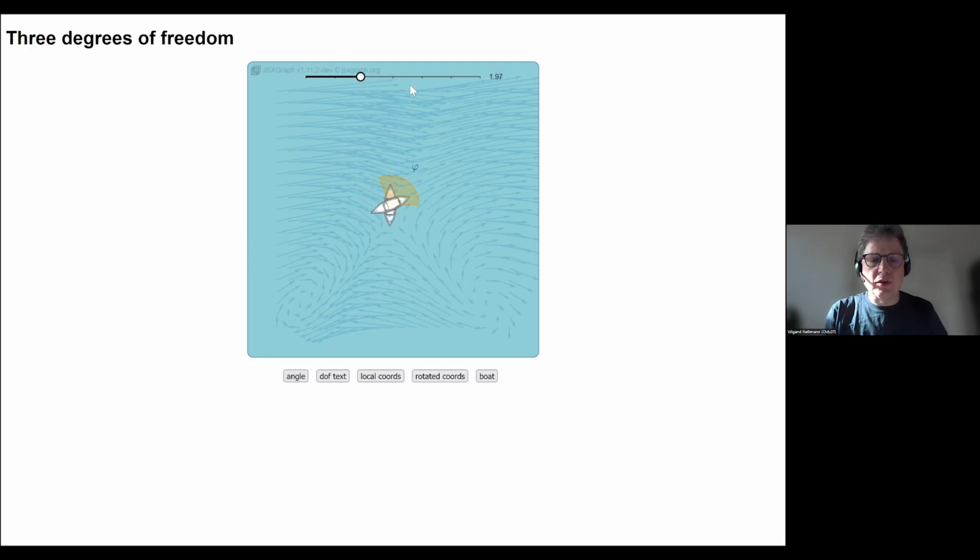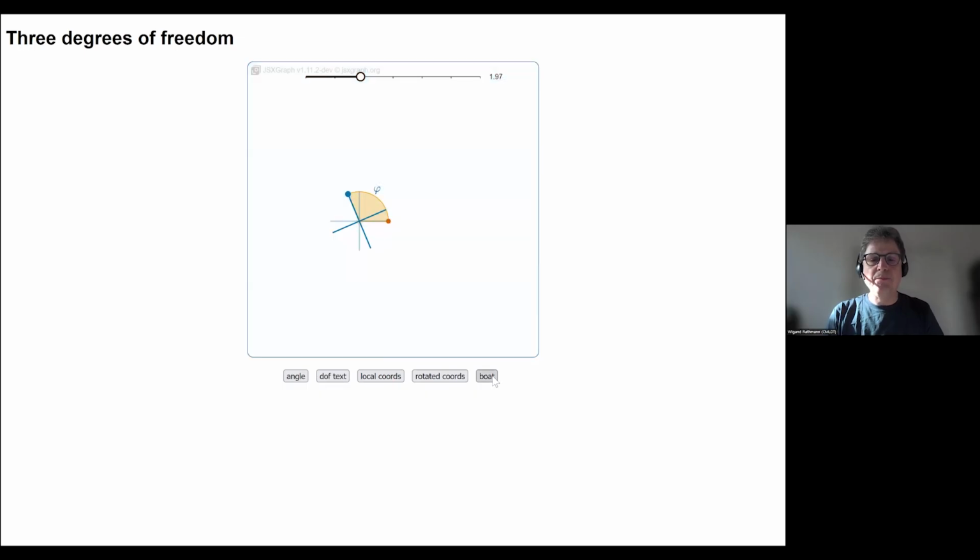But what do we do in Mars? We will add a local coordinate system, which is moving with the boat. And then we describe the rotation by a rotated coordinate system. And at the end, we will throw everything away and we will have a point in a plane added with an angle, and then we say we have 3 degrees of freedom.